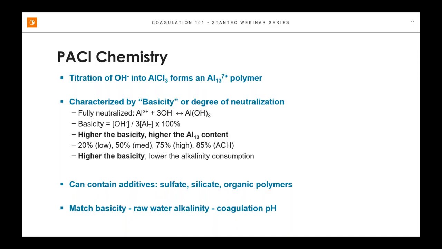So in that situation, you might want to consider a higher basicity polyaluminum chloride because it'll consume 75% of the alkalinity that the alum will. So it might drop your pH less, and then you don't need to add caustic.